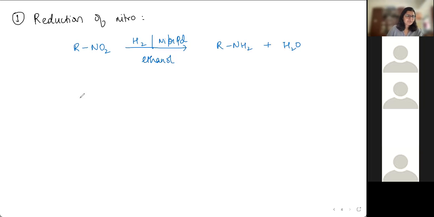Apart from this, you have a couple of other reagents you can use. One is H2 with catalyzed hydrogenation, nickel, palladium, platinum. Another is tin in the presence of HCl. And another is iron in the presence of HCl.